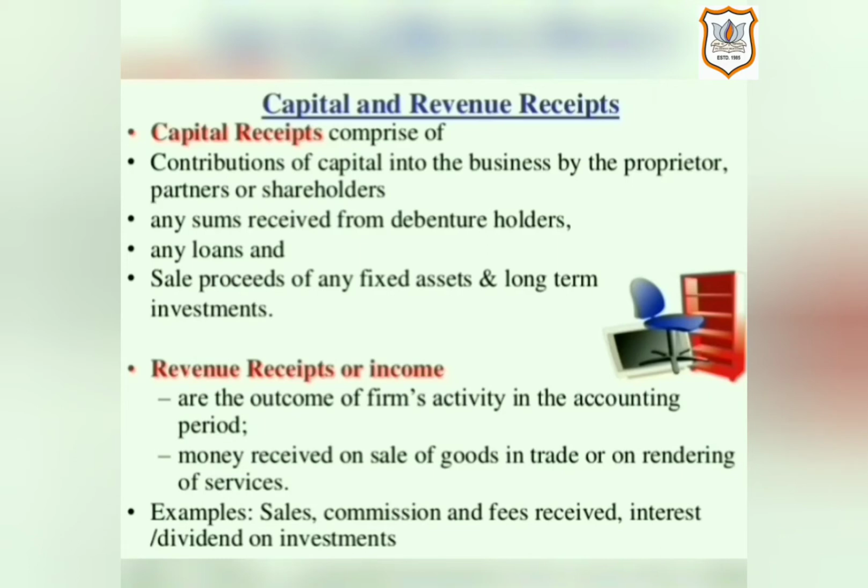Capital receipt is the amount received or receivable against transactions which are not regular in nature. This receipt is not received regularly. Or we can say that it is received or receivable after 1 year. For example, sale of plant and machinery. Say you purchased plant and machinery in year 2012.